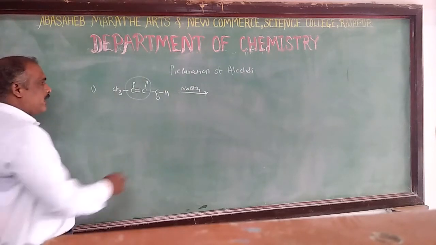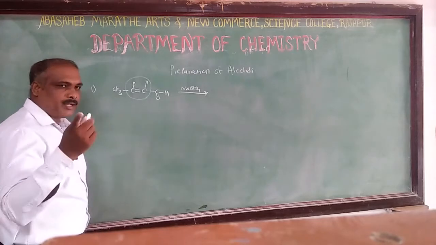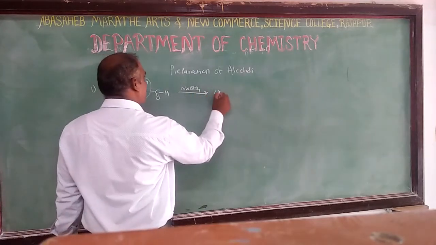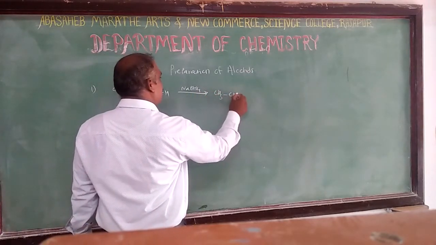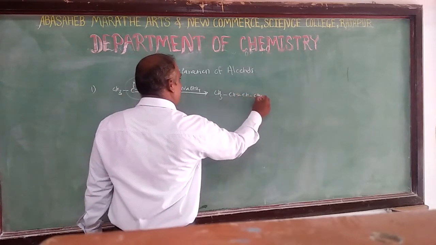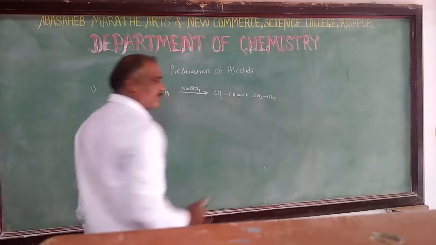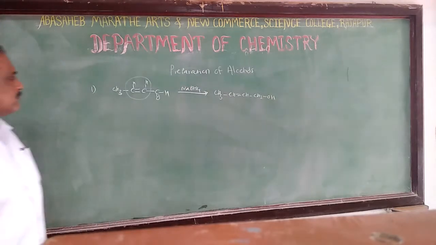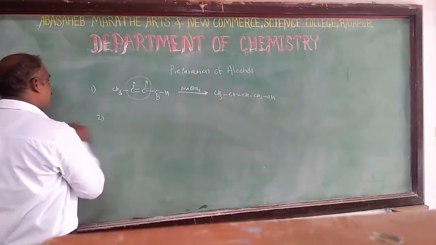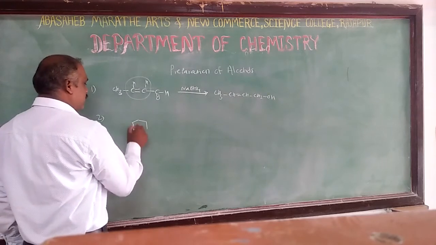It reduces only the aldehyde group to the corresponding alcohol, so the product is CH3CH=CHCH2OH, right? Similarly, we take another example.